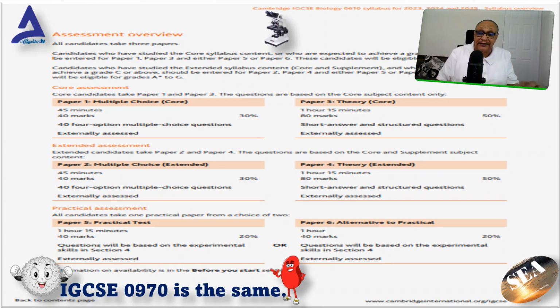The total marks is 40. The total number of questions is 40, each question with 4 multiple choice answers. Only one answer is correct, and you have to pick this one.